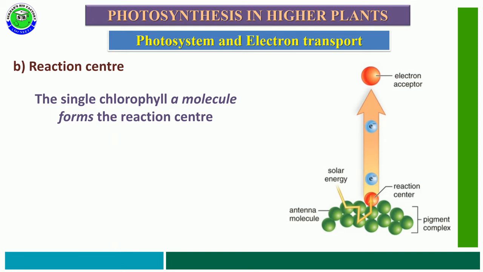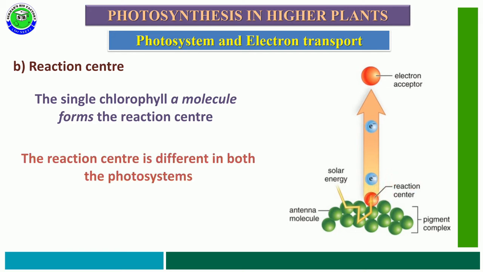The second part is the reaction center. A single pigment, a chlorophyll A molecule, is present in the reaction center, and this reaction center is different in both photosystems.